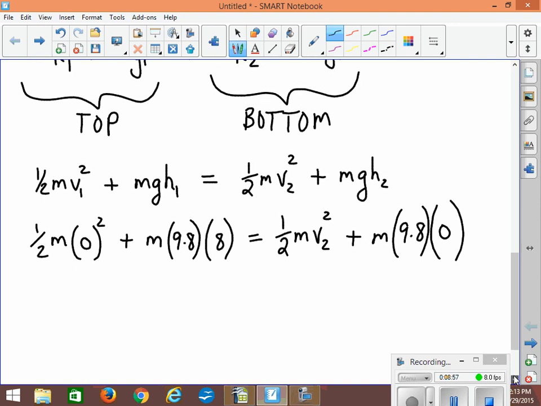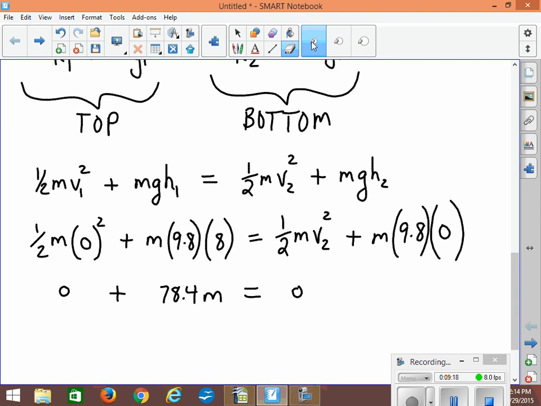Okay. This reduces to 0 plus, and if we do 8 times 8, 64, I think that would be 78.4 times m. Put the m over here. And over here, this is now a 0 because of the, oh, I'm sorry, no, my mistake. The gravitational energy is a 0.